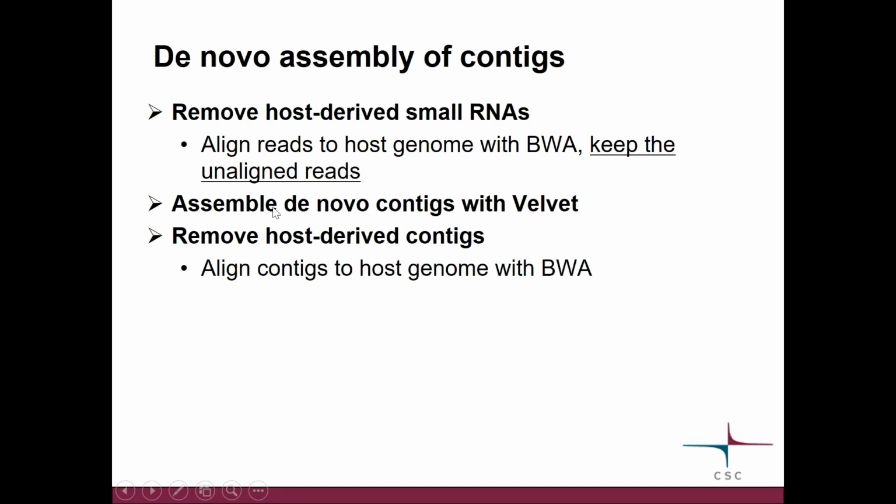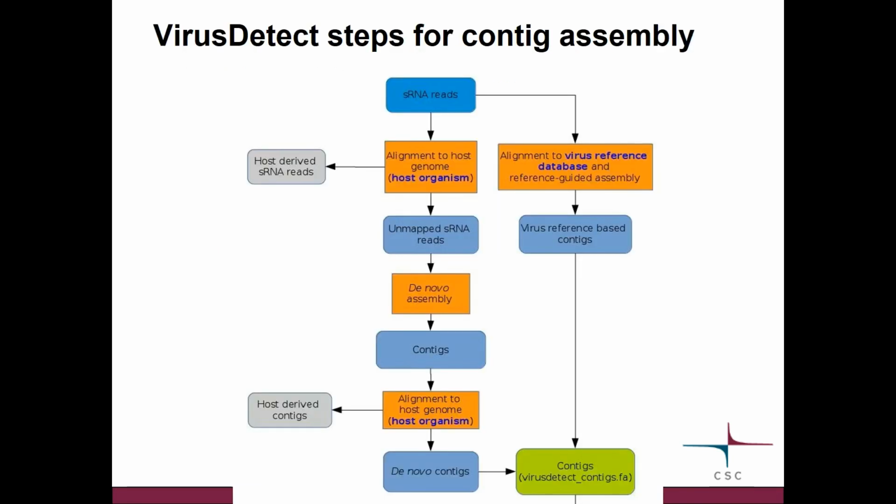Once Velvet has assembled the contigs, they are still cleaned just in case. So the ready-made contigs are still compared to the host genome, just to make sure that we are not actually analyzing host sequences, but the viral ones.